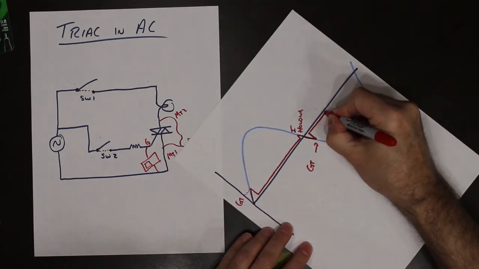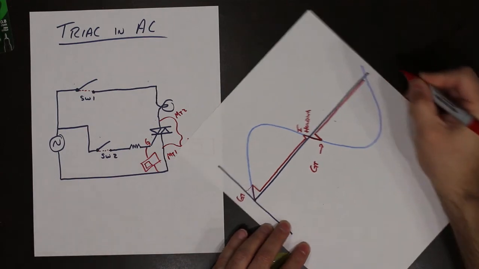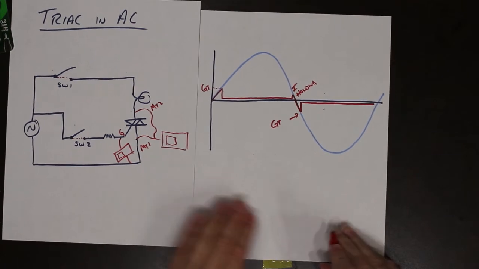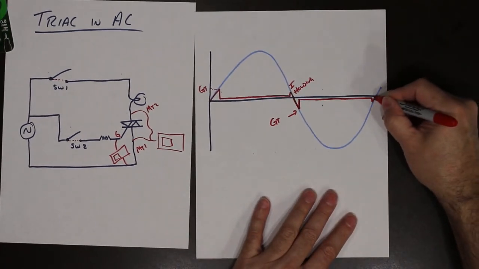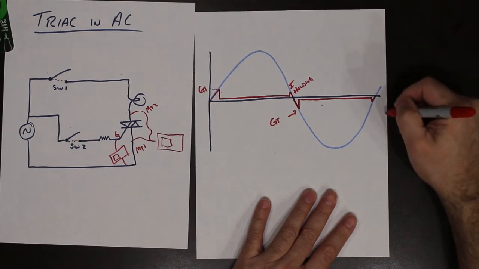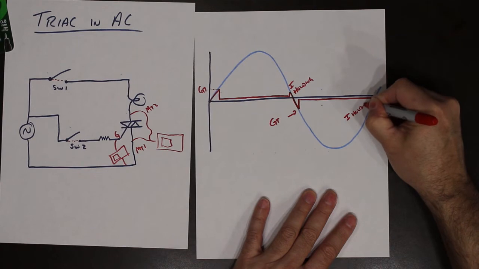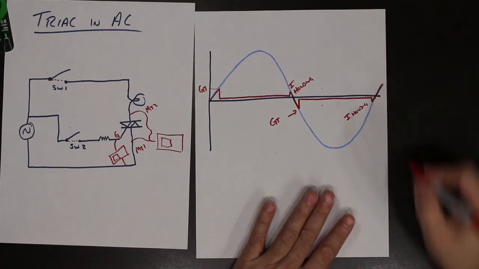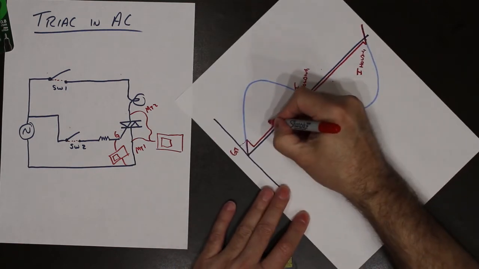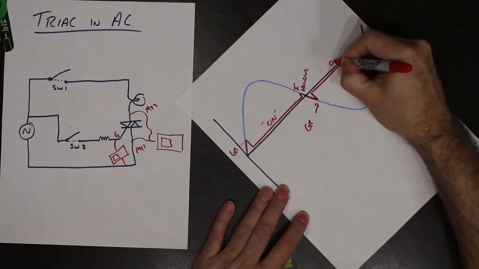The triac will start to conduct, and it will remain conducting until such a time as the current through the device falls below the holding current. And then the whole cycle starts over again. So now the device is on here and on here.